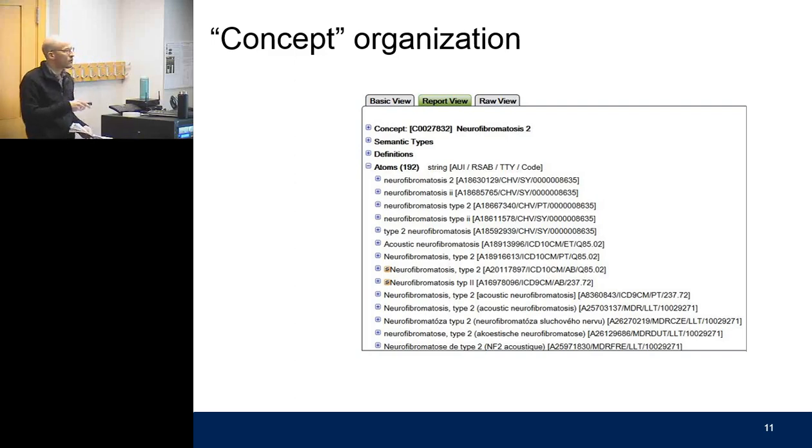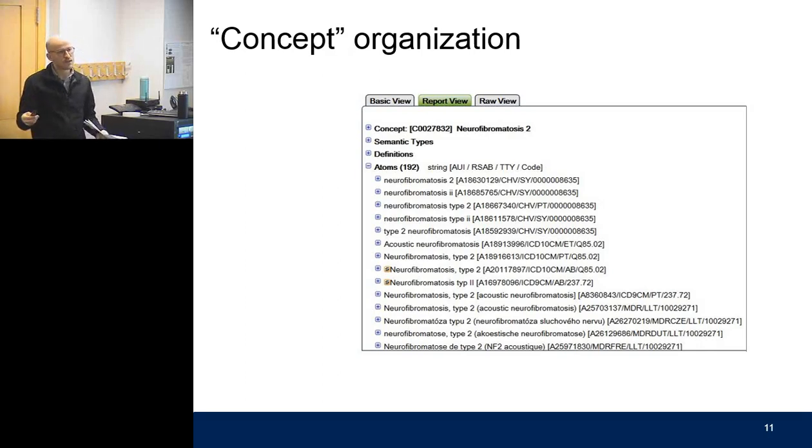And you see underneath, the atoms represent all of the ways that this concept has been represented across the 200 or so vocabularies within the UMLS. So we see in the brackets, there are several listings right here in the middle that say ICD-10-CM.